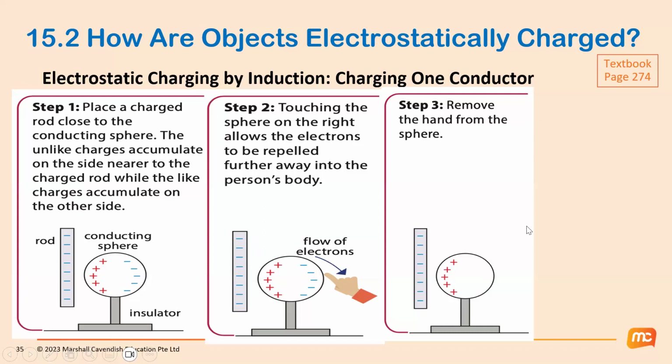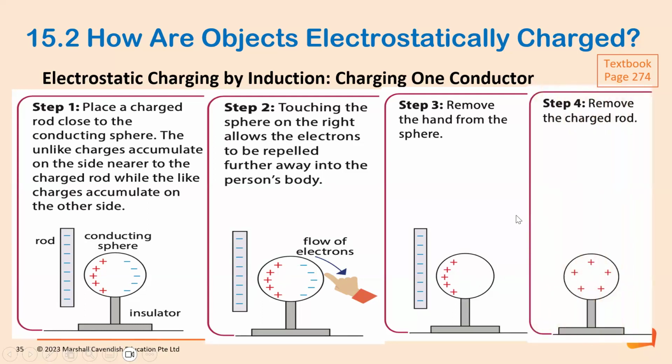Then I remove my hand, because all the extra electrons have already been repelled down to the ground, and I'm left with fewer electrons. My entire sphere will be positively charged. But I don't want my sphere to be like that, so the last step is to remove the negatively charged rod so that the positive charge redistributes. Now I have a sphere that is positively charged.